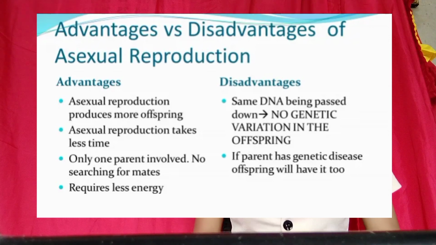The disadvantage of asexual reproduction is that the same DNA is passed down, so there is no genetic variation in the offspring. And another disadvantage is that if the parent has a genetic disease, the offsprings will have it too.